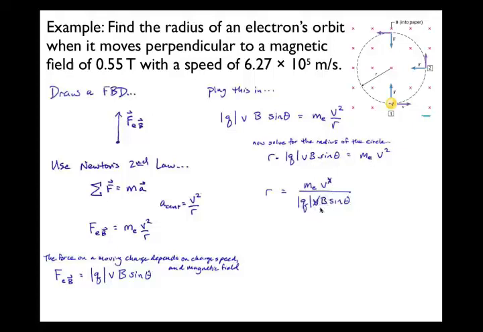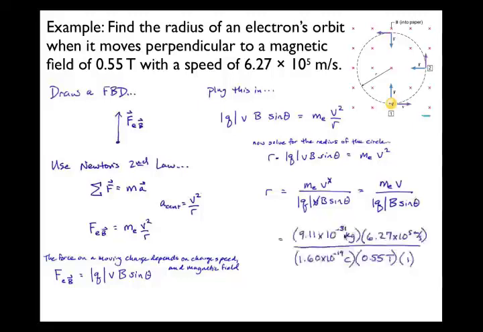The v in the denominator cancels one of the v's in the numerator, and we're left with the mass of the electron times the speed of the electron divided by the charge of the electron times the magnetic field strength times the sine of the angle. Well, in this situation, the angle between the velocity vector and the magnetic field, which is directed into the page, is 90 degrees, and so I don't actually have to worry about the sine theta in here. It's going to equal 1.